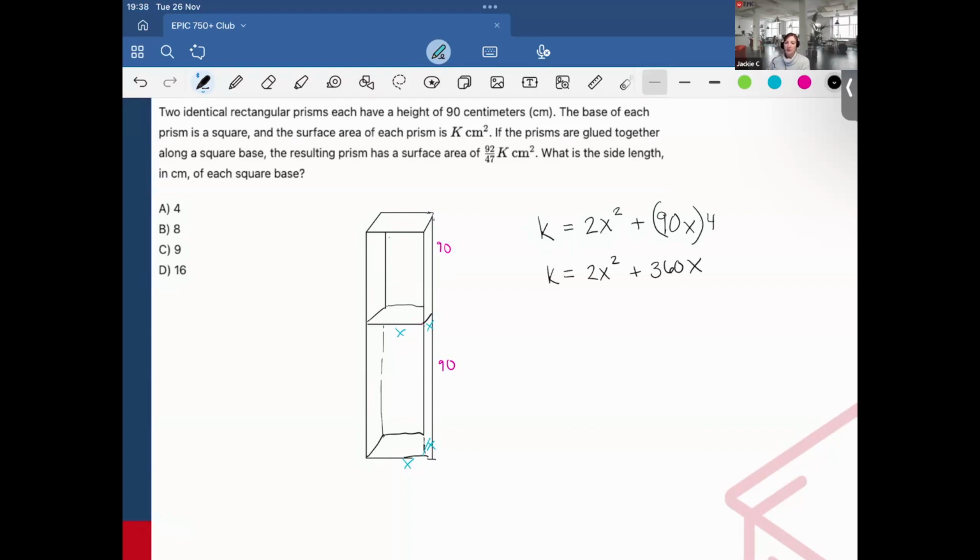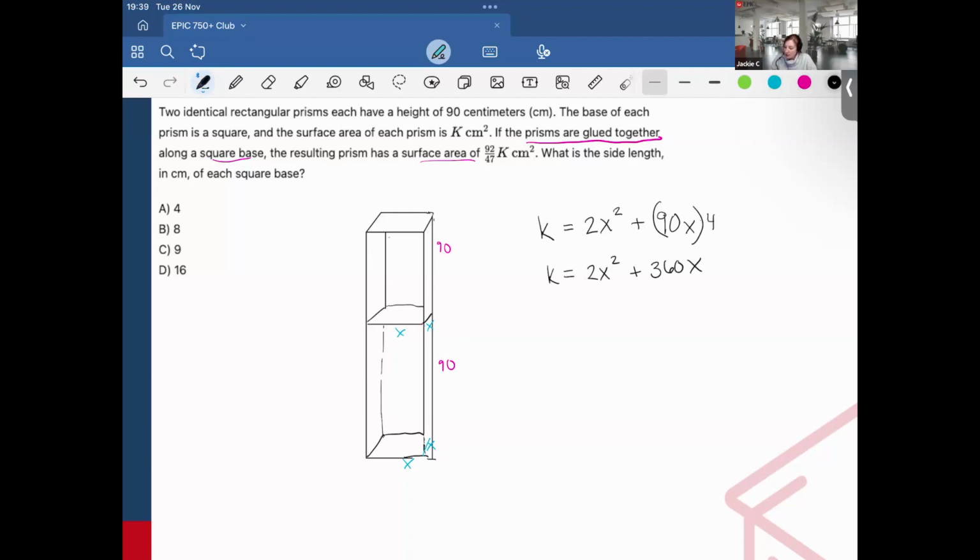Amazing. Now let's check out the area of the resulting prism when the prisms are glued together along the square base. What's the difference? Everything stays pretty much the same.